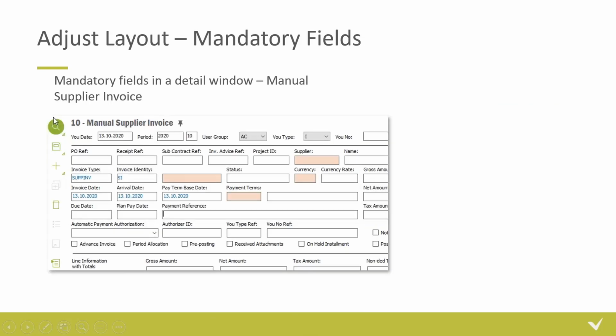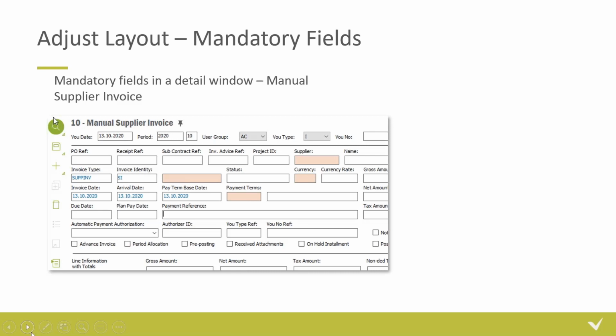So here is a typical example of a detail view. And we see that the mandatory fields are marked with purple, or pink color, sorry. I'm not colorblind.